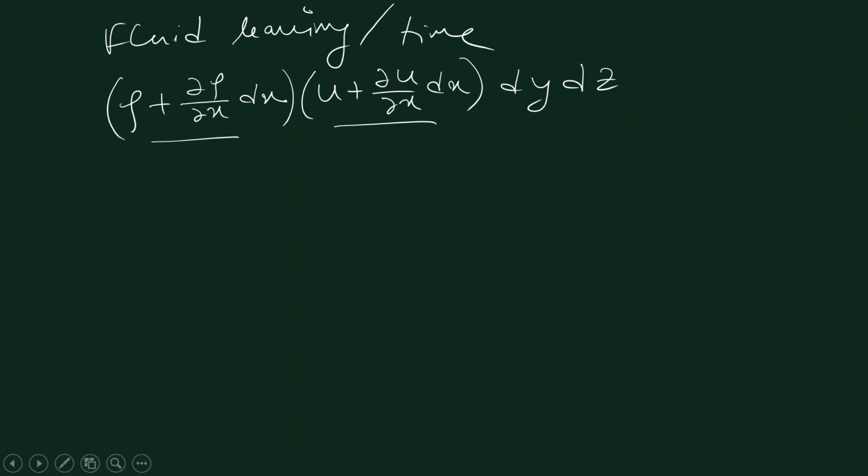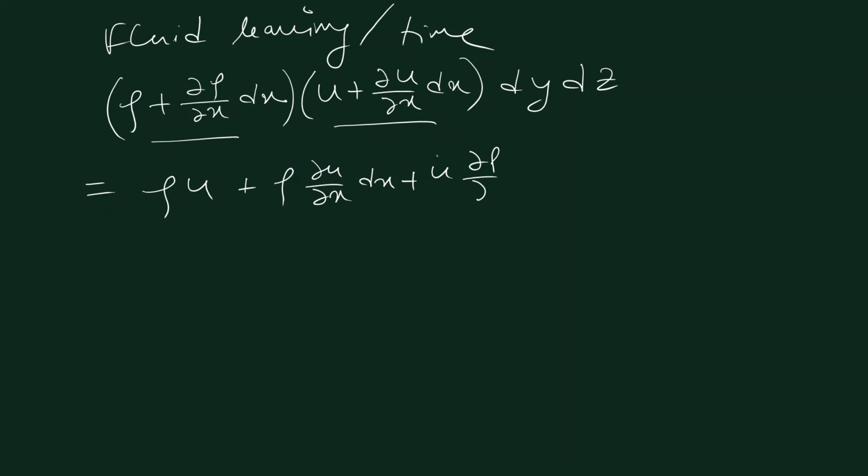Now if we expand this, then rho multiplied by u, then rho into del u by del x dx plus u into del rho by del x dx, plus rho u del rho by del x del u by del x into dx square.